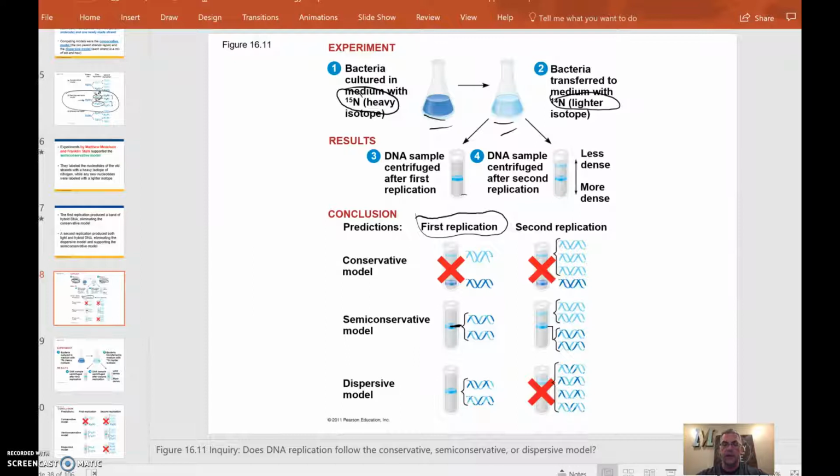And that single band showed that there was equal density in both of those molecules, which would indicate that half of them were old and half of them were new.